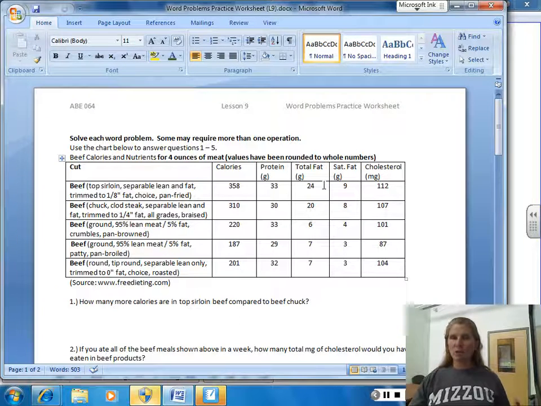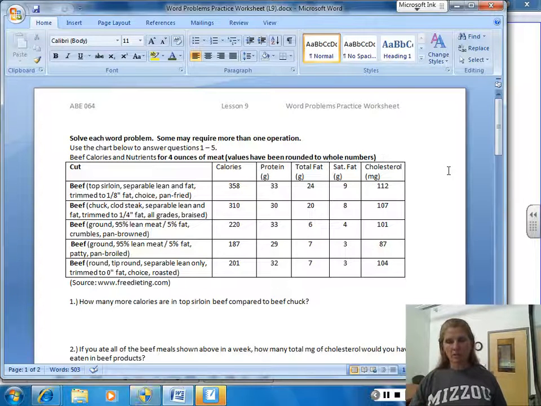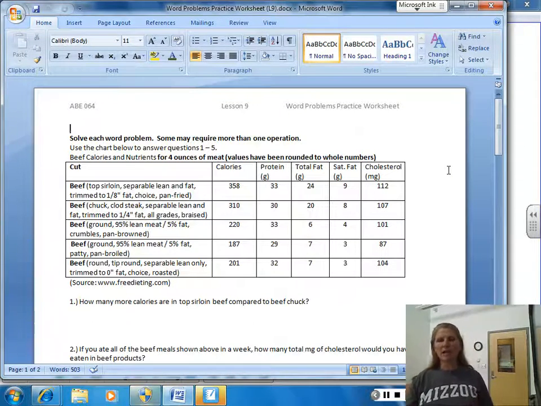The total would be addition. So for number 2, this is an addition problem. If we're talking about total fat, I would add up this column. If we're talking about saturated fat, I would add up this column. If we're talking about protein, I would add up this column. Calories, this column, and cholesterol, this column. So it's just a matter of adding on that.